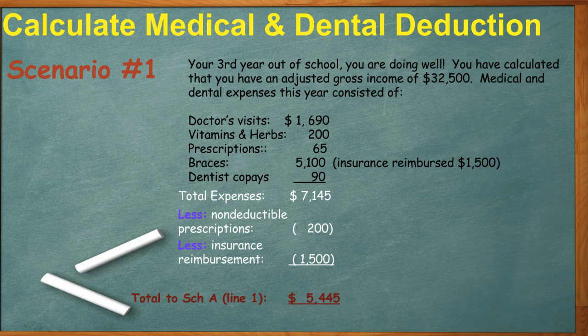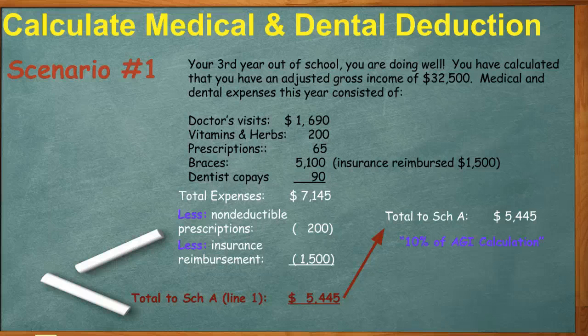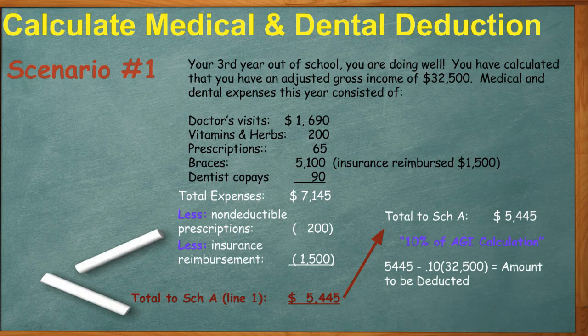Okay, now, how do we determine the threshold? Well, remember, we need to look at 10% of adjusted gross income. So we need to create an algebraic expression that represents what we can deduct. Okay, so let's take what we spent, $5,445, and subtract 10% of our adjusted gross income.